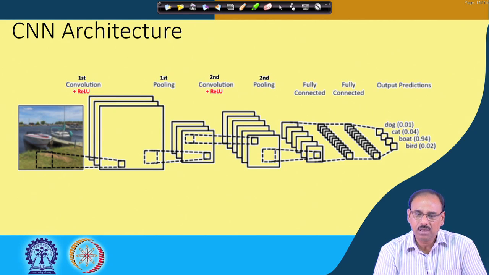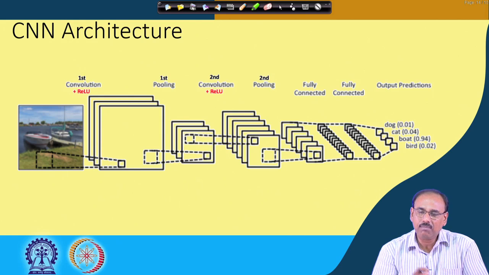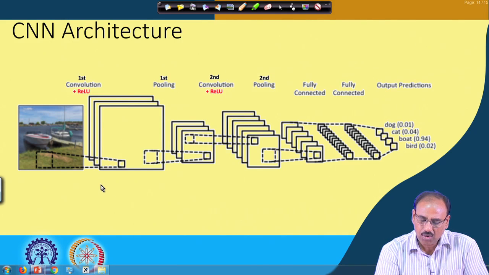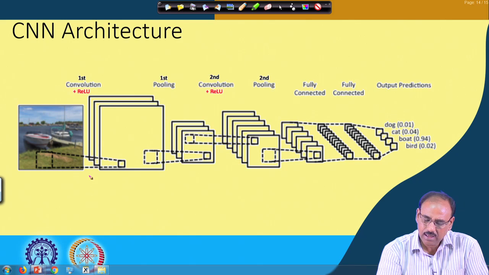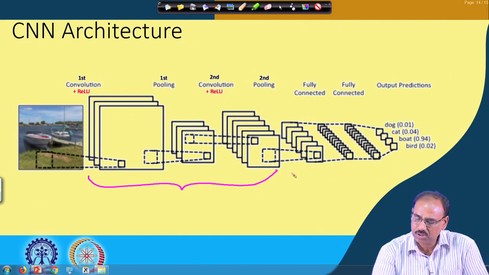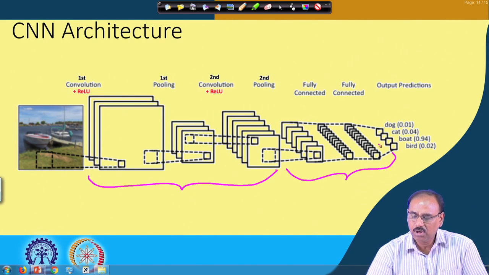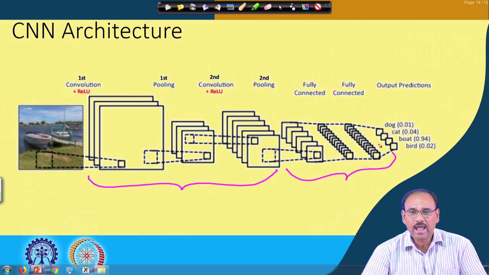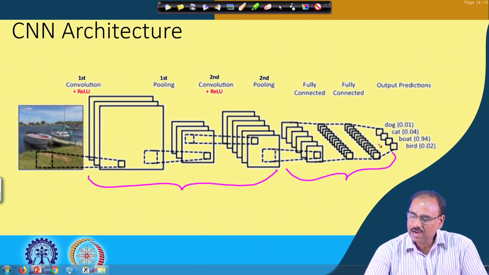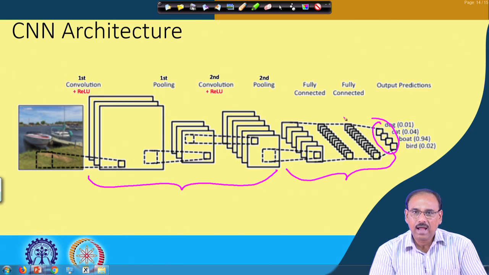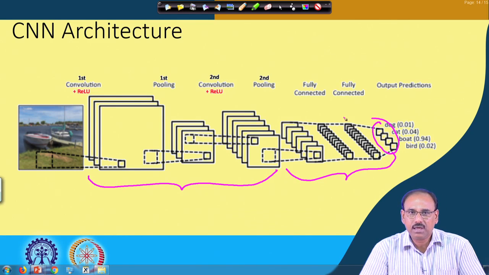You have an input image, followed by a number of convolution, nonlinearity, and pooling operations, and at the end, after all these, we will have one or more fully connected layers, which are actually the classifiers. At the output layer, you will have a number of nodes which is the same as the number of classes that you have. This is the typical architecture of a convolutional neural network.